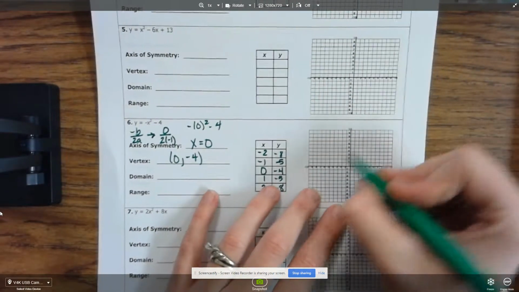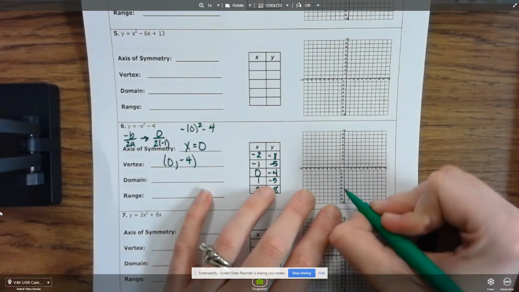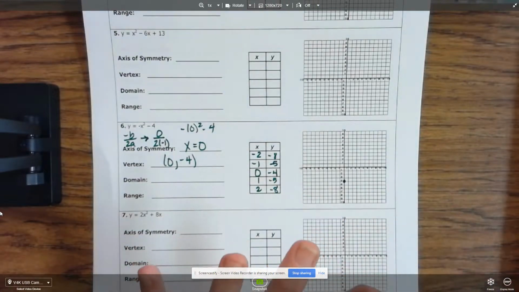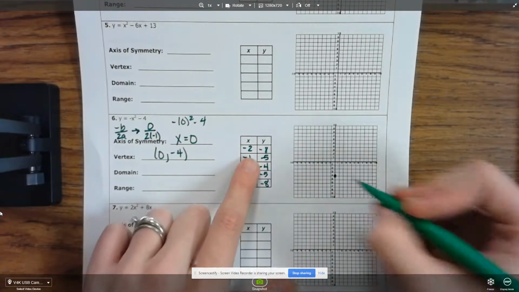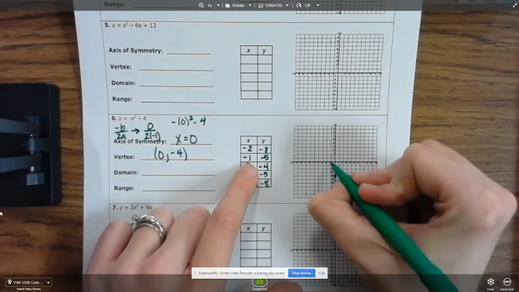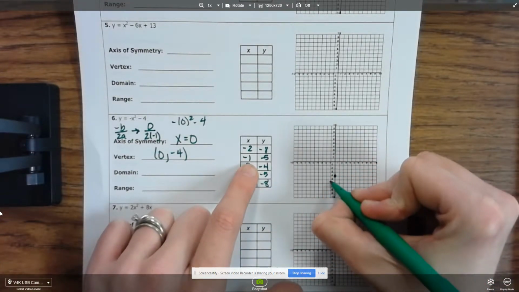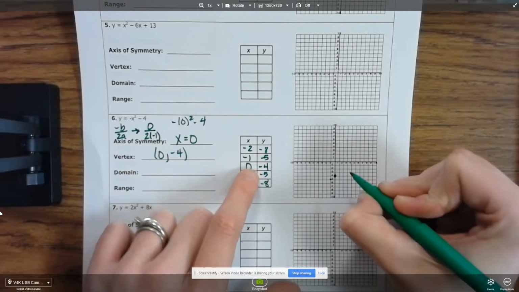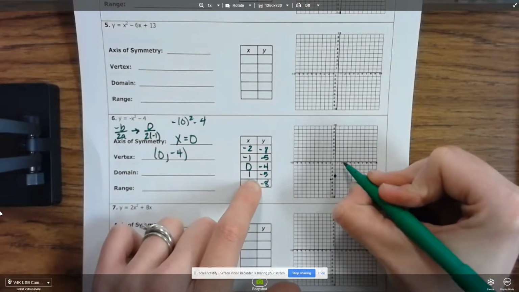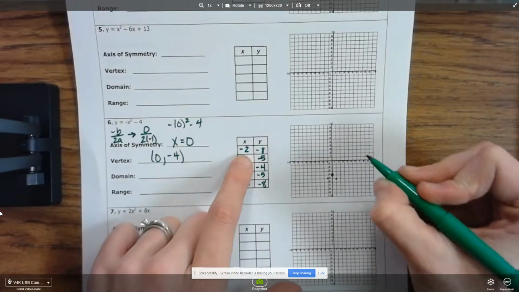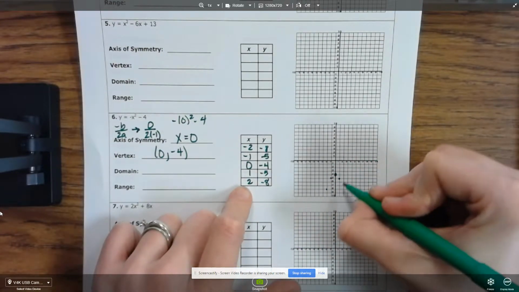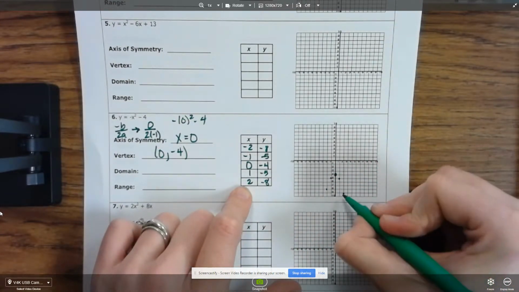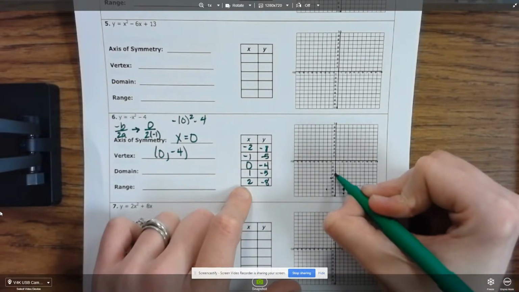My vertex is at (0, negative 4). Then I can plot my other points: (negative 1, negative 5) is there, (1, negative 5) is there, and then (negative 2, negative 8), and then (2, negative 8).